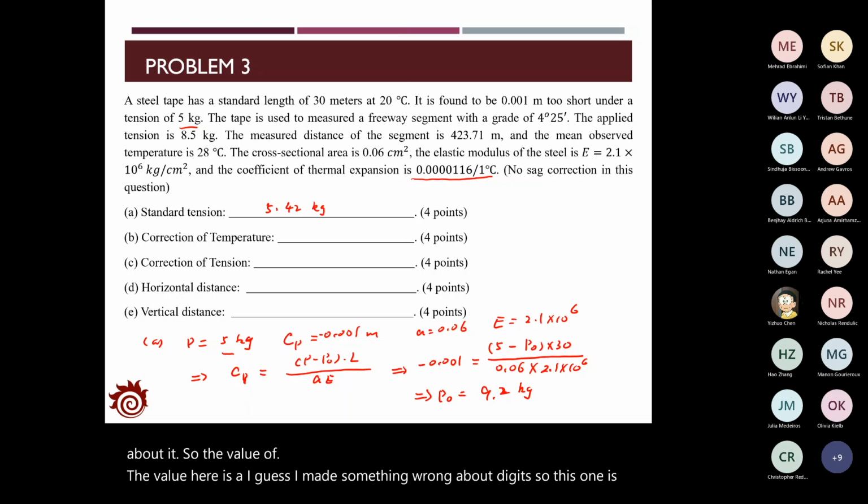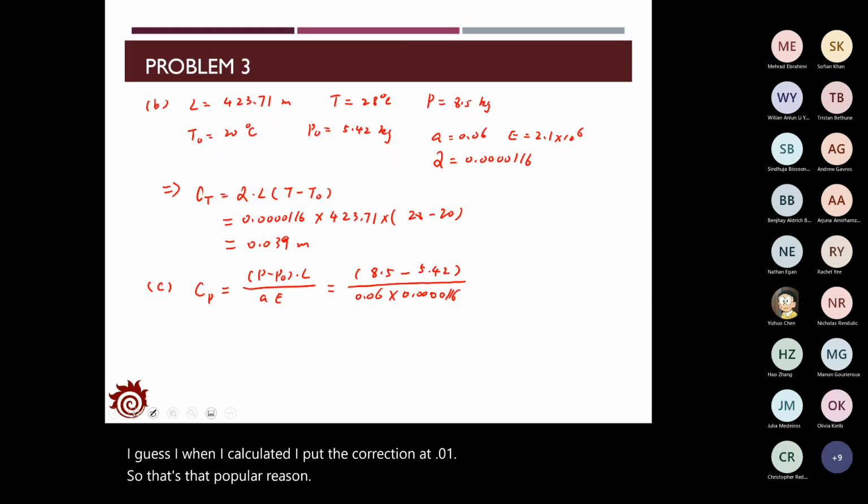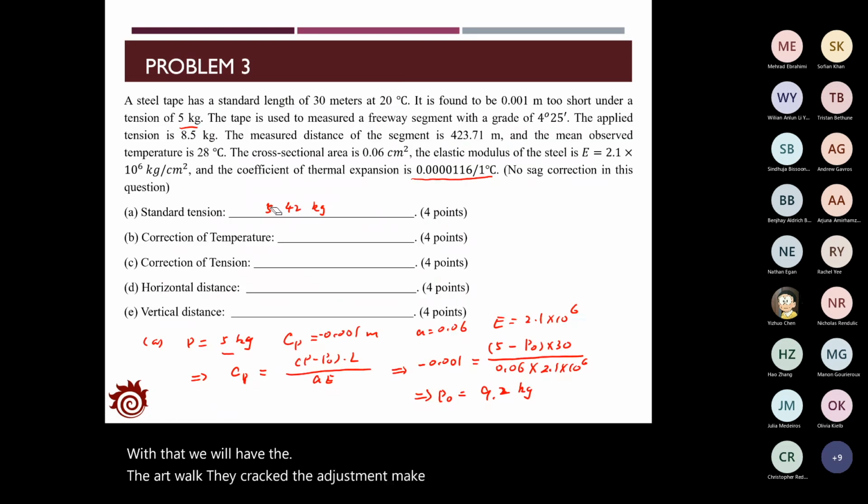I guess when I calculated, I put the correction as 0.01. So that's probably the reason. So I'll just make the modification here: 9.2.